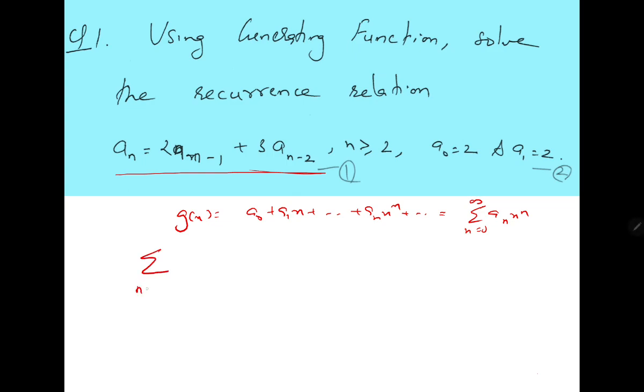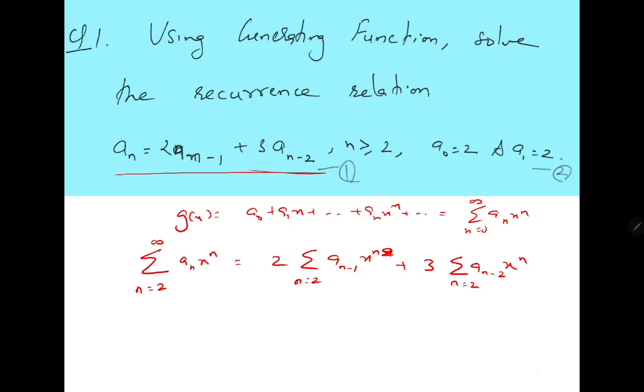Since I have a_(n-2), my summation must start from n equal to 2. The terms are a_n x^n, then 2a_(n-1) x^n, and the last one is 3a_(n-2) x^n.